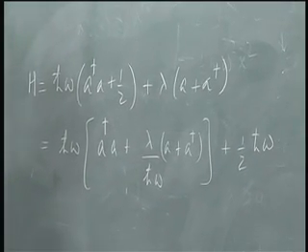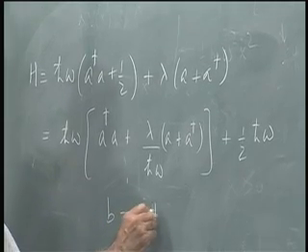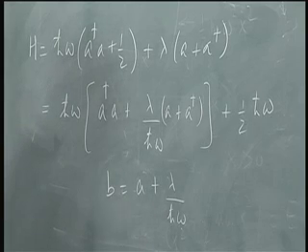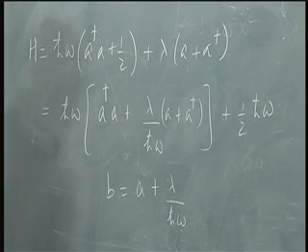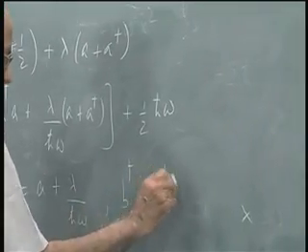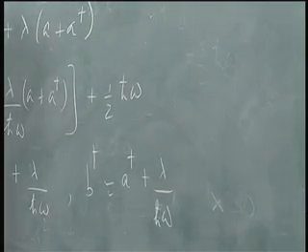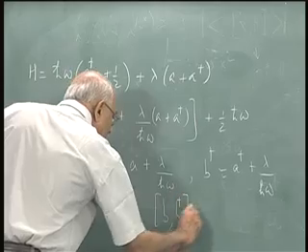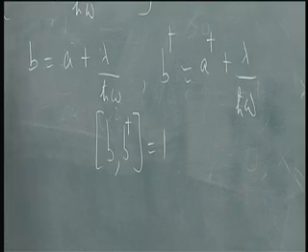Okay. So all you have to do is to define B equal to A plus λ over ħω. Then B† is A† plus λ over ħω once again, and the important thing is the commutator of B with B† is still equal to 1, and that is all that decides the spectrum.